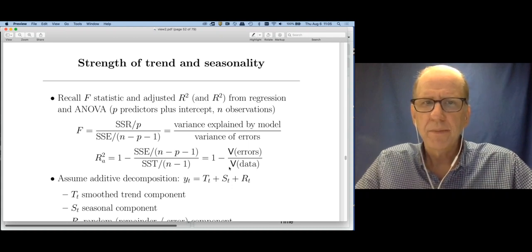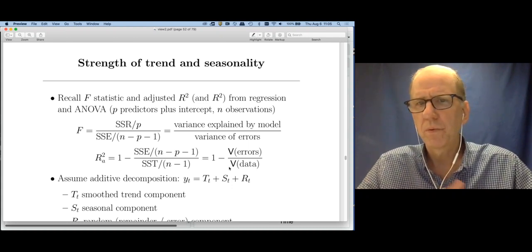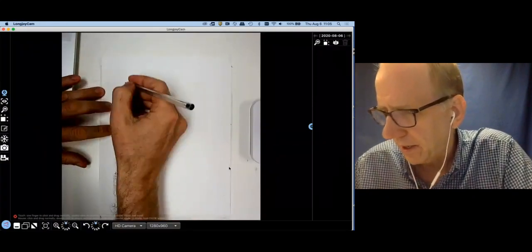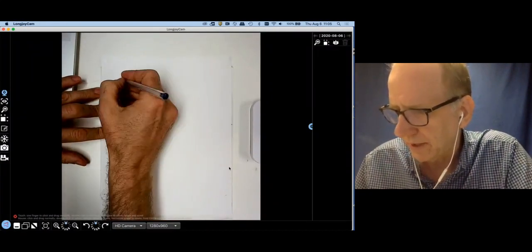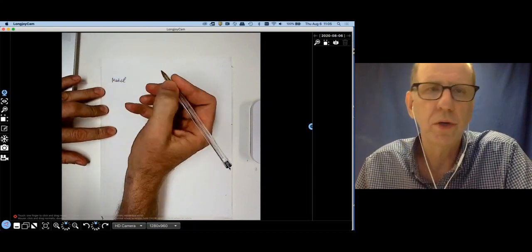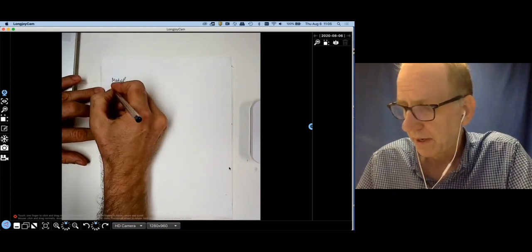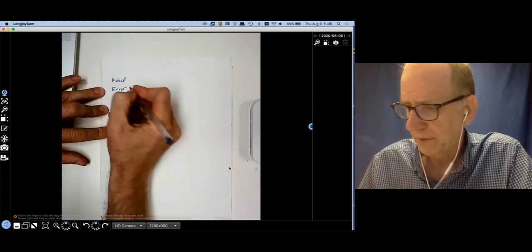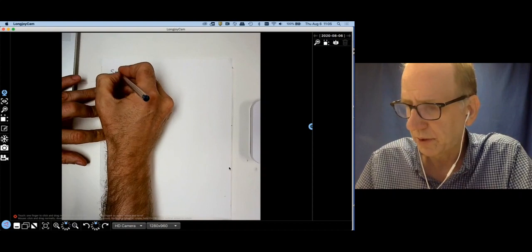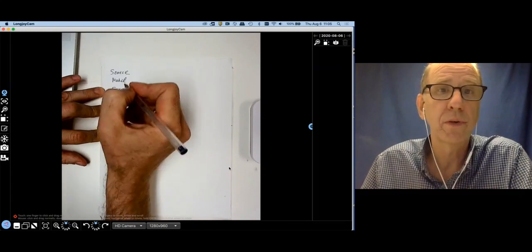And so let me just refresh your memory on ANOVA quickly. So this is an ANOVA table. We have our model, sometimes called the regression. We have errors, and then we have the total. And these are sometimes called the source of variation.